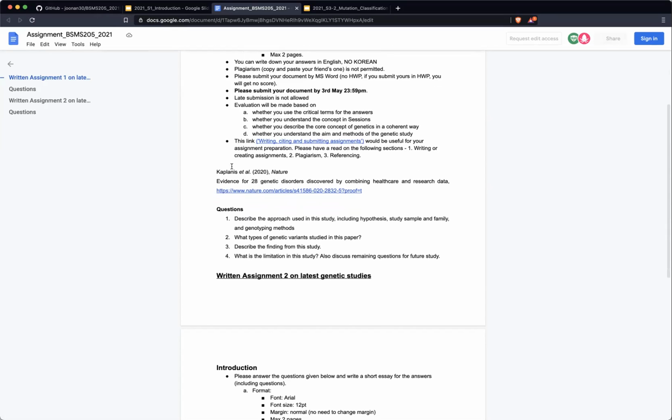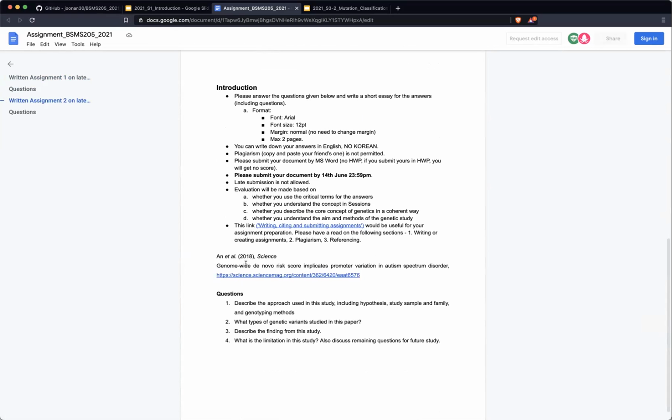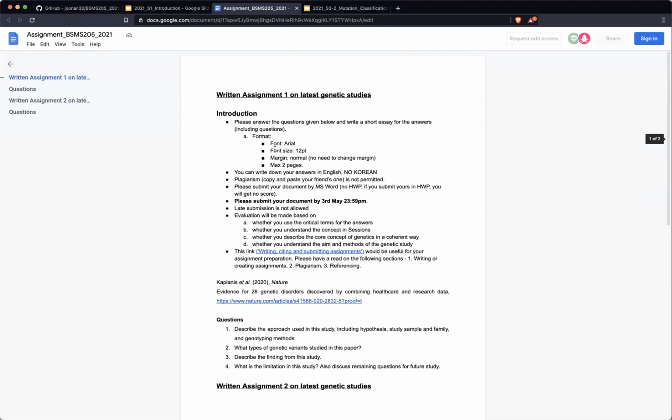One is Kaplanis et al. 2012 from Nature, the largest genetic screening for developmental disorders, right? So this is one of the critical papers. Another paper is from Science in 2018, written by me, and this is another landmark paper for non-coding discovery. The 2 papers you can read by yourself during the time.